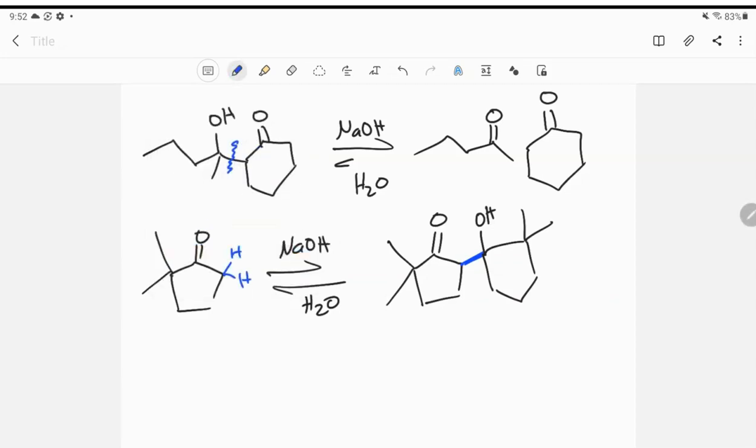Yes, it's always one carbon. It's the one that will be the new beta carbon. So it will be between the alpha carbon of one molecule and the carbonyl carbon, which will become the new beta carbon.